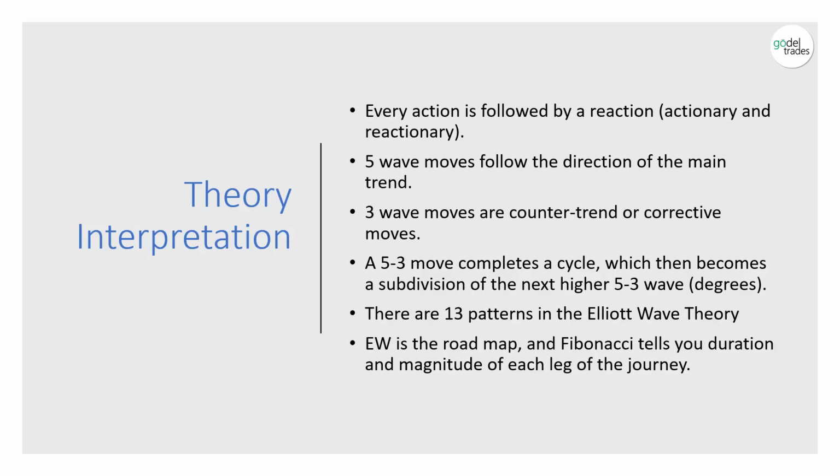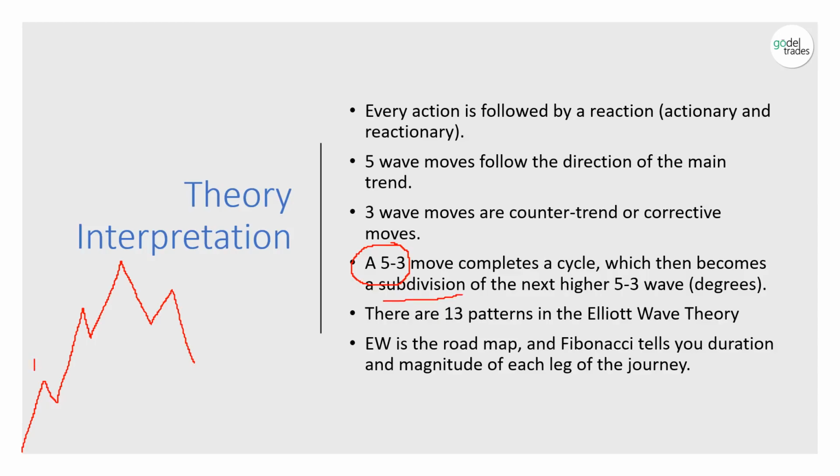A 3-wave move is a counter trend or corrective move, and it goes against the direction of the trend. And then a 5, 1, 2, 3, 4, 5, 1, 2, 3. This is what's known as a 5-3 move or a 5-3 sequence. That completes a cycle, which then becomes a subdivision of the next higher degree 5-3.